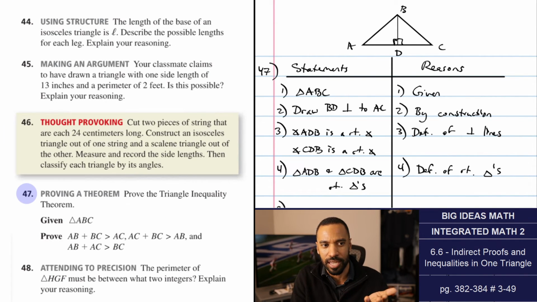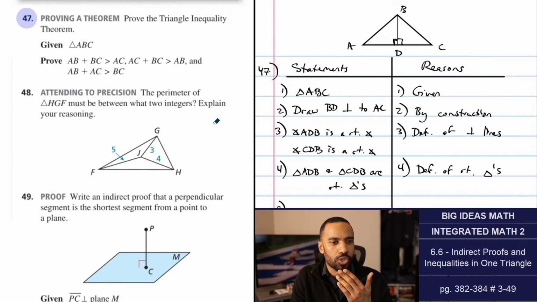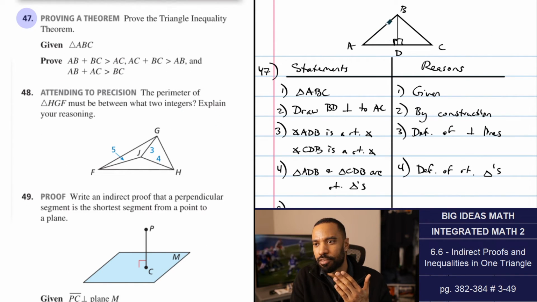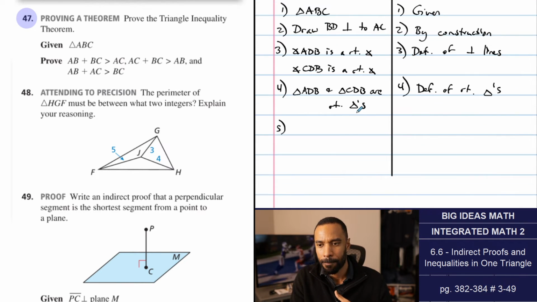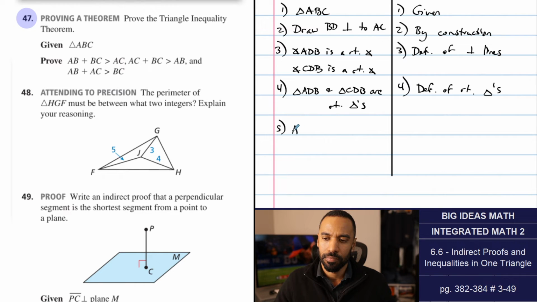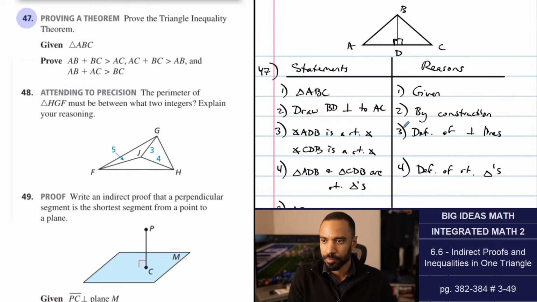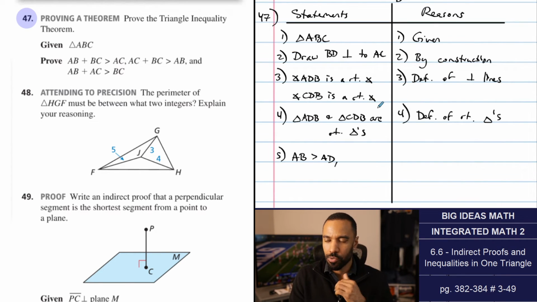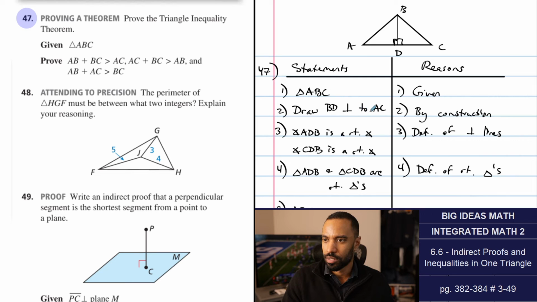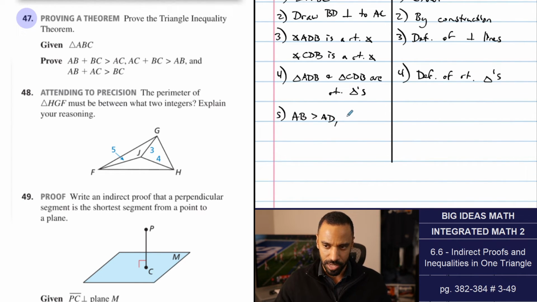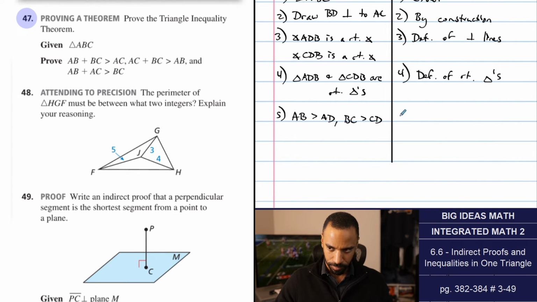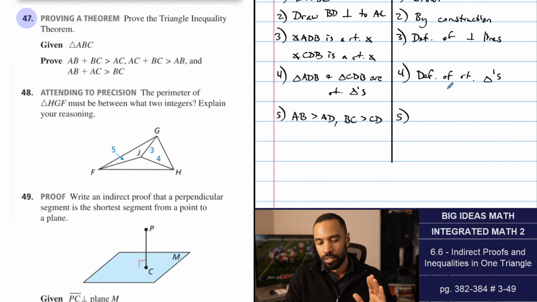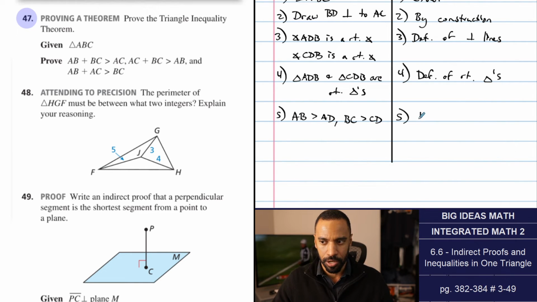Okay, they didn't say it was a theorem. It just made sense. So this one here, I'm getting at the fact that AB would be larger than AD. So the length of AB is larger than AD, and CB would be larger than CD, or BC larger than CD, by the triangle largest angle theorem.